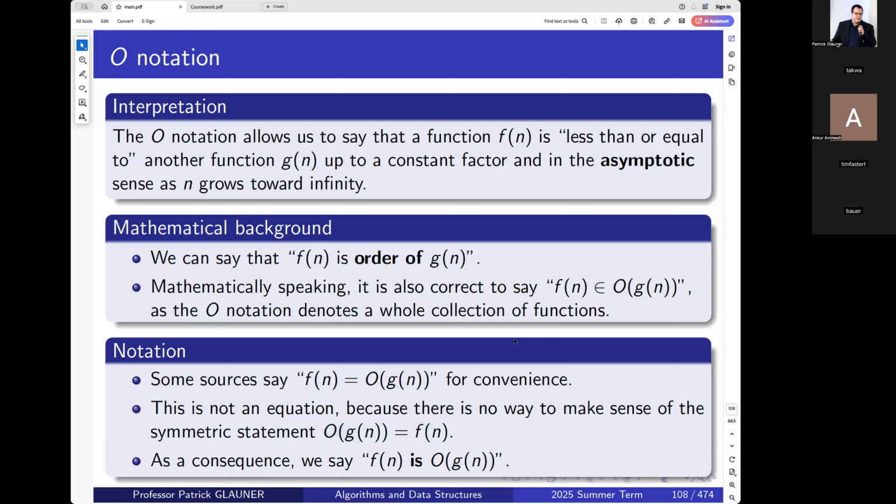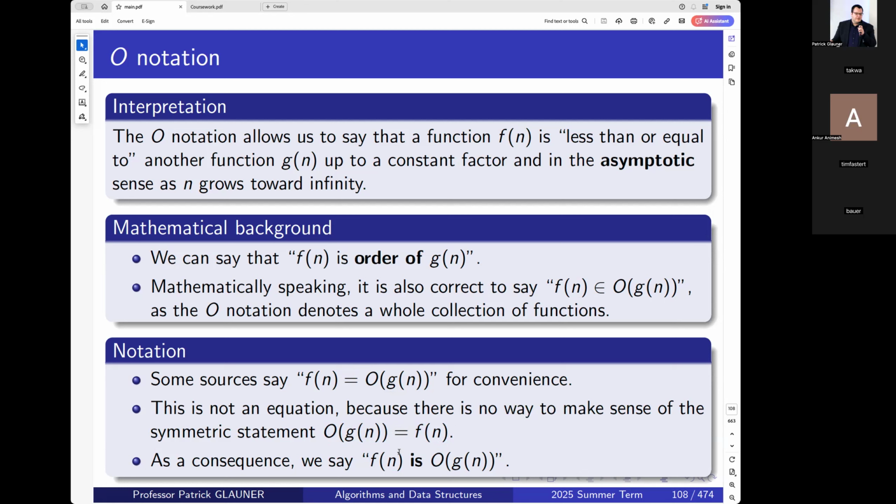So what I like to say, and I think that's also what the Goodrich book does, is the notation: you say f of n is O of g of n. Ideally, in this course, you would avoid putting the equal signs in and write f of n is O of g of n. You can use the equals sign if you want, but make sure it's not treated as an equation for which you can swap these two elements.